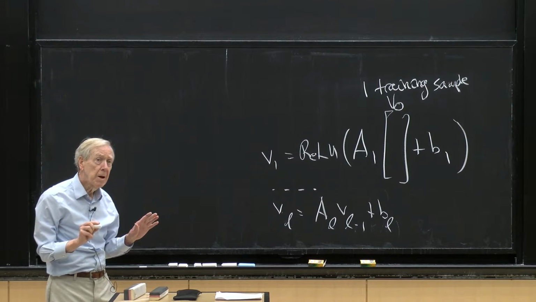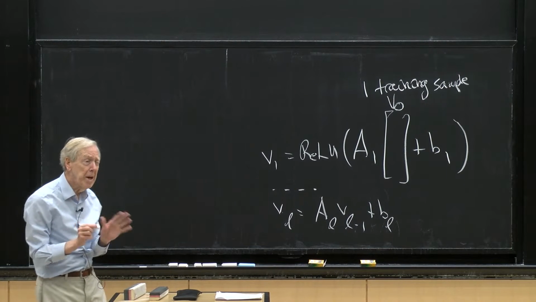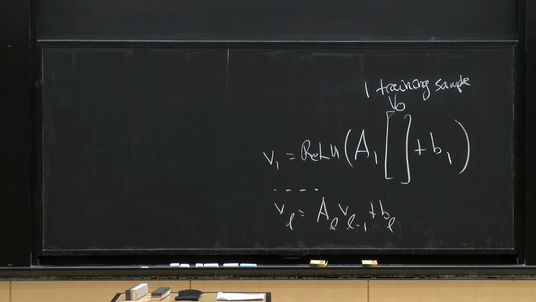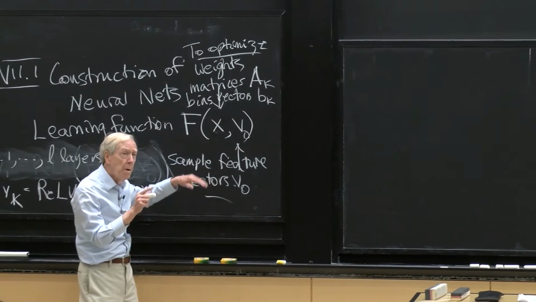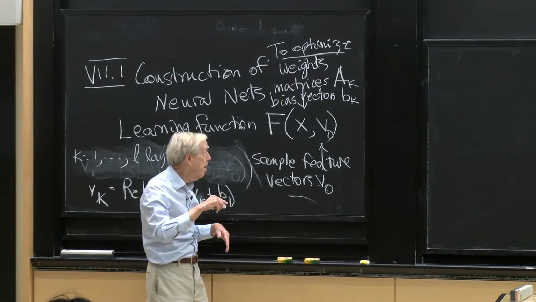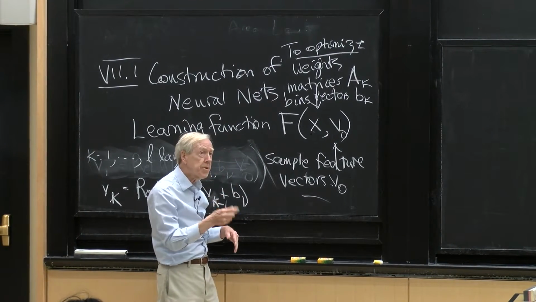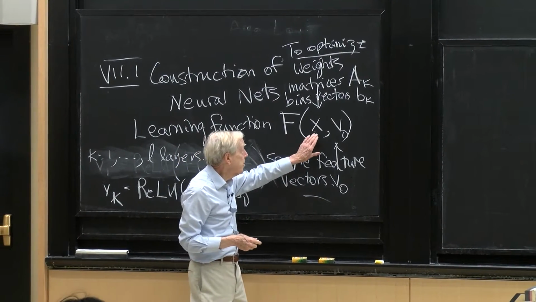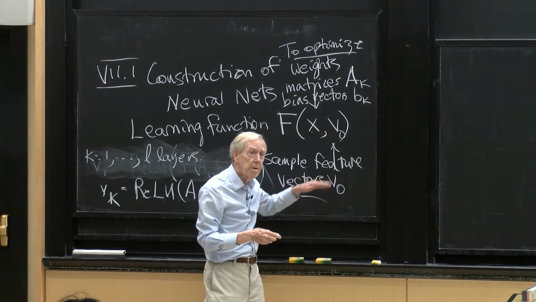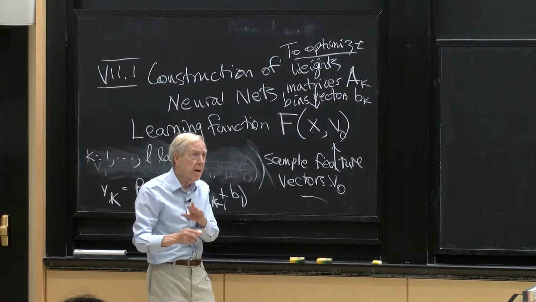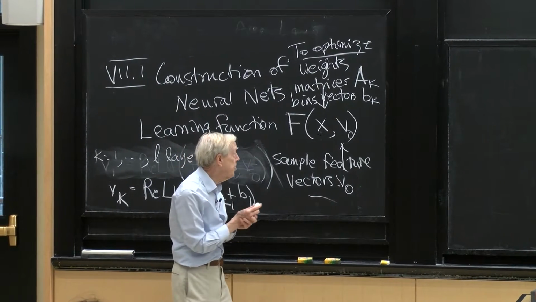So that picture is clearer for me than it was previously to distinguish between the weights. So in the gradient descent algorithm, it's these x's that you're choosing. The v's are given by the training data. That's not part of the optimization part.